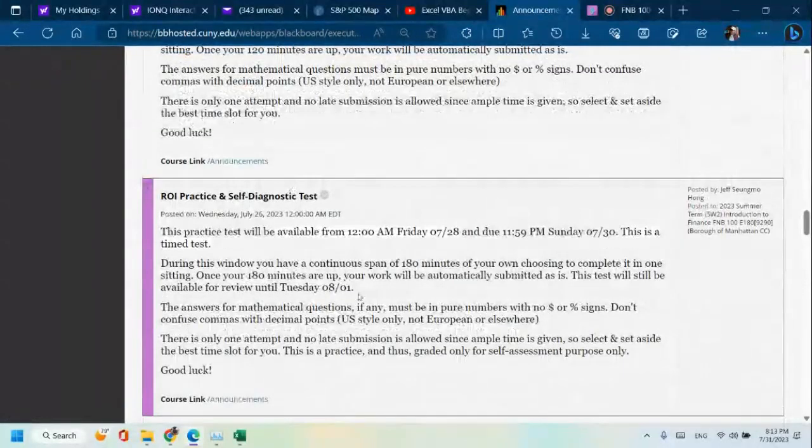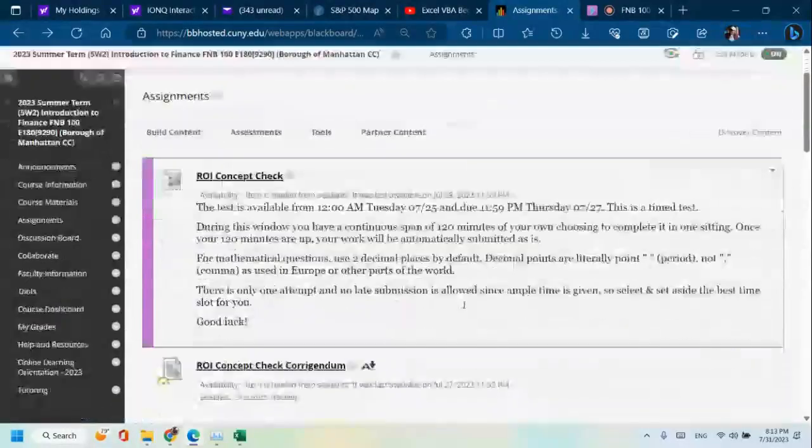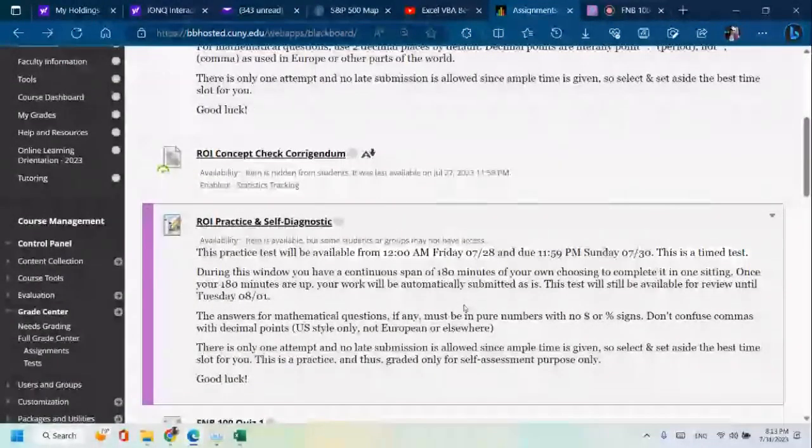This notice went out. I saw the announcement, but I held off on doing it because towards the end of the assignment it said that this is a practice and graded only for self-assessment purposes. So I had thought that this would simply just be practice.